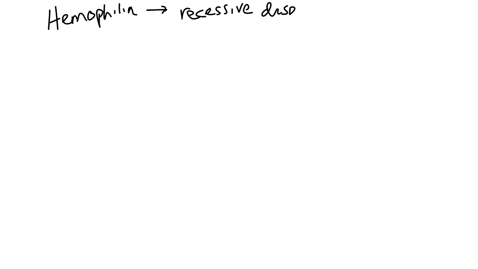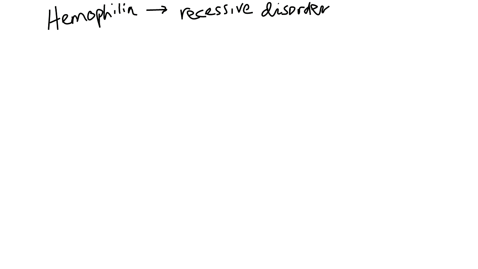So let's use, for example, hemophilia. Hemophilia is a recessive disorder. So what that means is if you have one normal or good copy of the gene, you will not be affected with hemophilia.